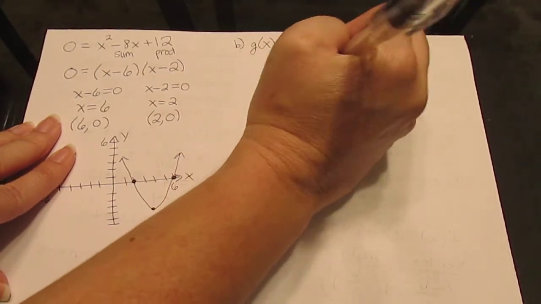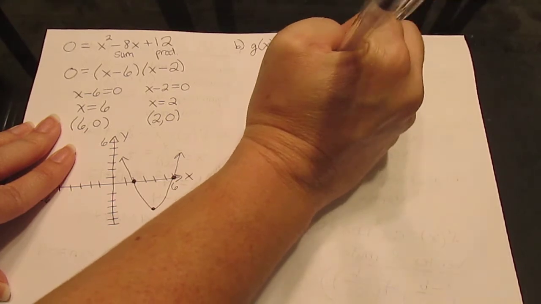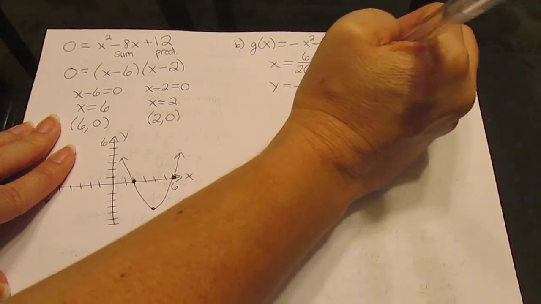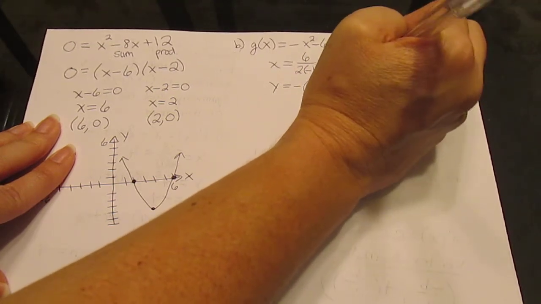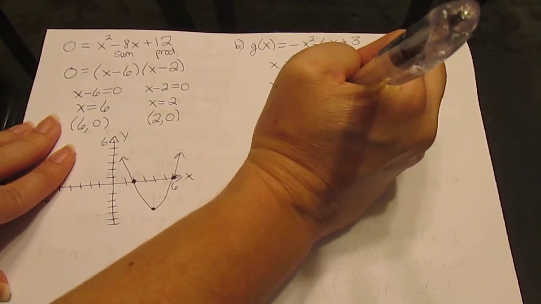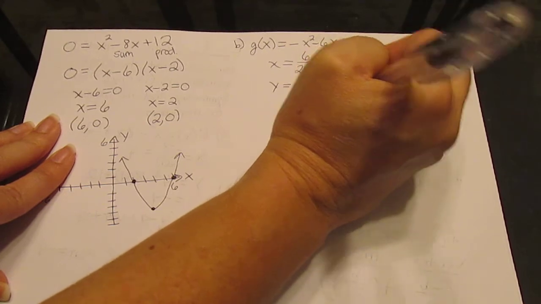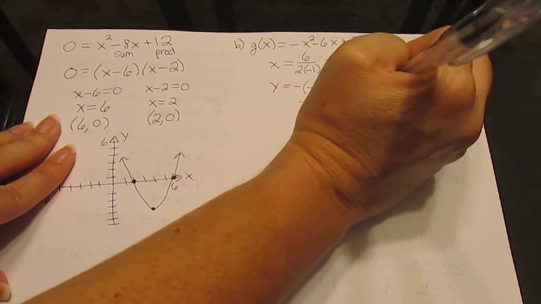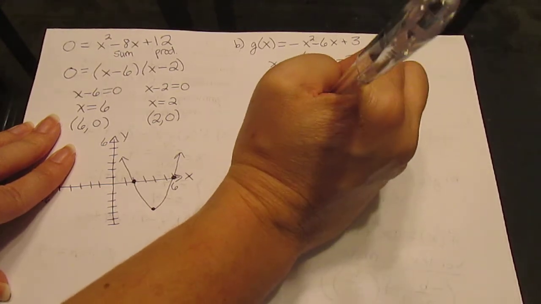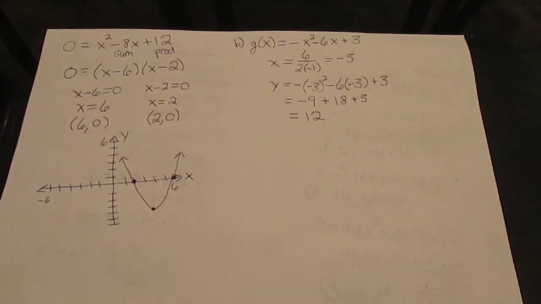So we've got -3 squared minus 6 times -3 plus 3. Okay, that'll give me a -9 plus 18 plus 3. Okay, so that gives me 12.